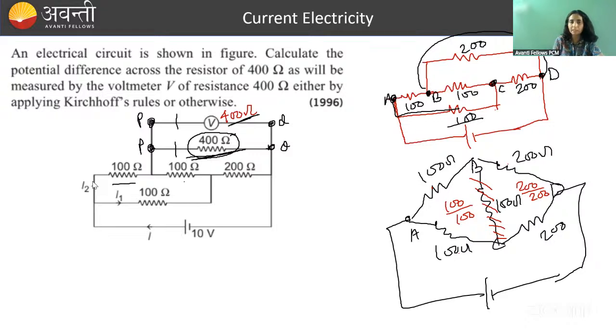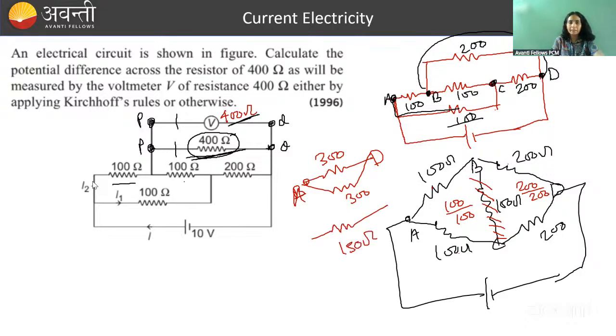This will also become 300. Then this 300 and 300 between points A and D are in parallel, so 300 in parallel will become 150 ohm. And the voltage is 10 volt.